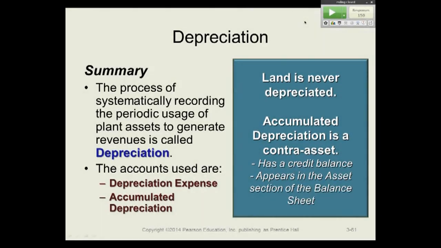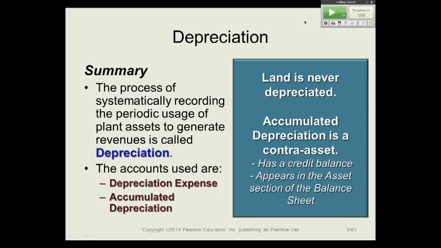So to summarize, depreciation is a process of allocating cost against revenue. We make an adjusting entry by debiting depreciation expense and crediting the accumulated. Land is never depreciated, and again, you have to think about this idea of a contra asset account. The contra asset account has a credit balance.